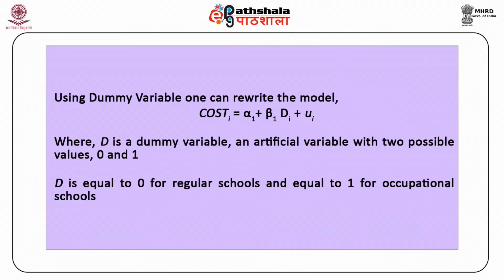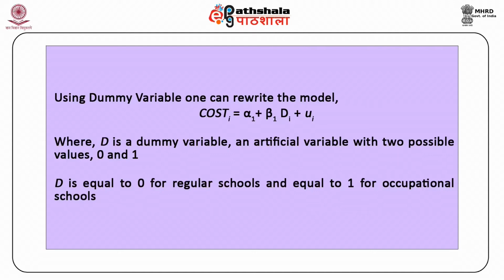Using dummy variable, one can rewrite the model. Cost i is equal to alpha 1 plus beta 1 d i plus mu i, where d is a dummy variable, an artificial variable with two possible values 0 and 1.